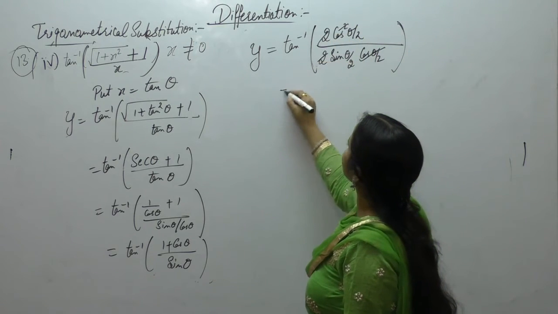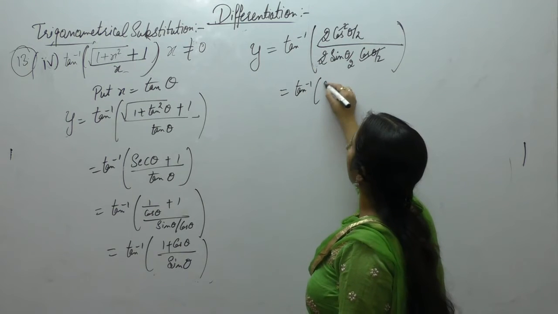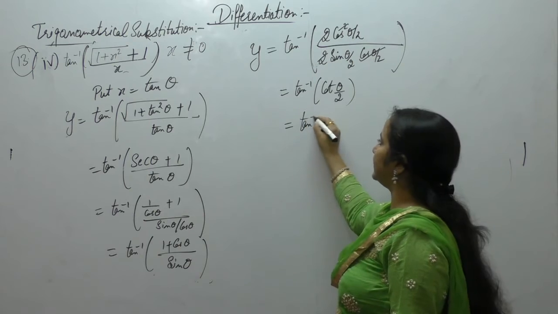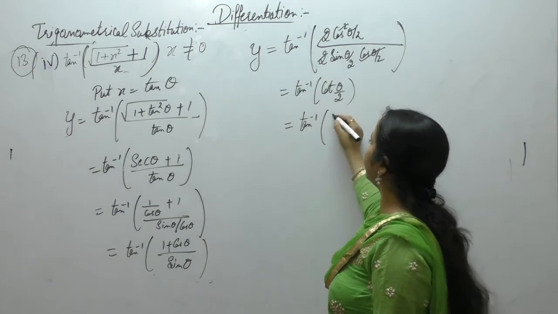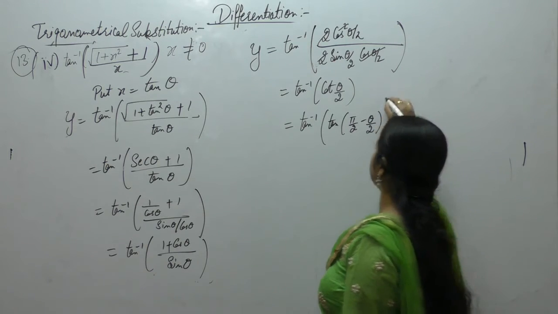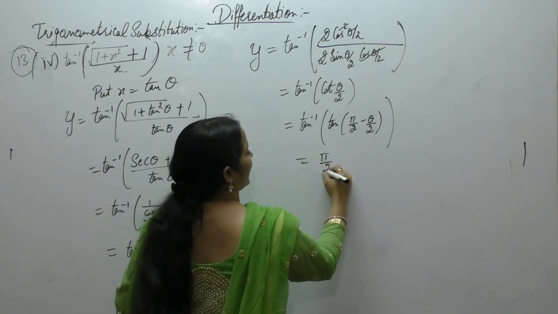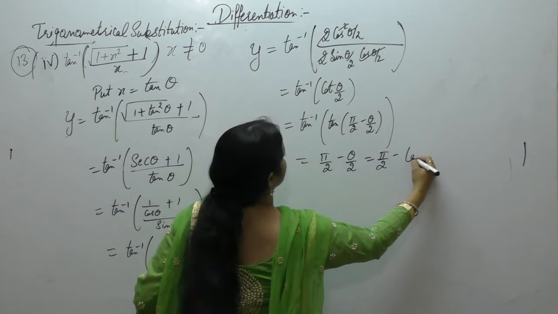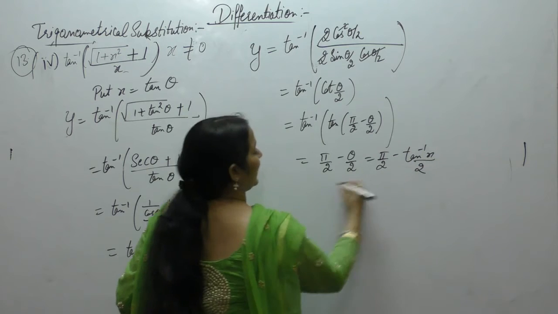One cos will get cancelled. Cos upon sin is cot. And tan of 90 minus theta is cot theta. So instead of cot theta, we will write it as tan of 90 minus theta. So we get y as pi by 2 minus theta by 2, and theta is tan inverse x.